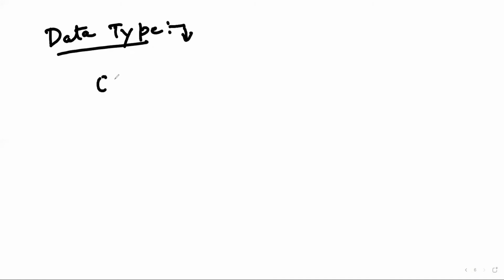We also know that every data type possesses a fixed amount of memory in the RAM. Let me quickly recap this. Different data types have different amounts of memory. A character would have 1 byte of memory.